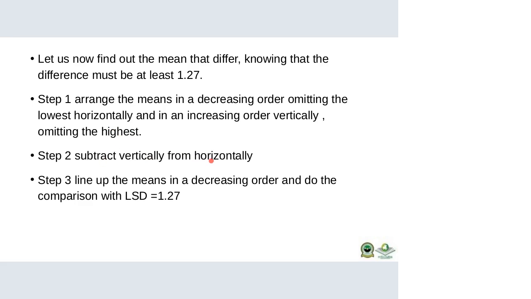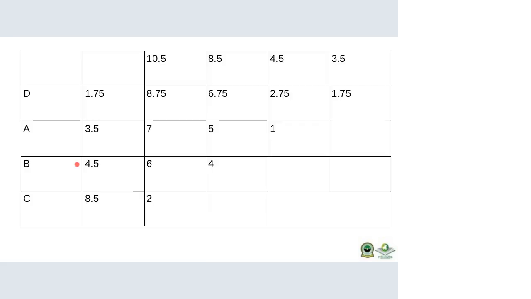Subtract the vertical from the horizontal, line up the means in decreasing order, and do the comparison with LSD 1.27. This is the mean in decreasing order. This is the mean in increasing order.